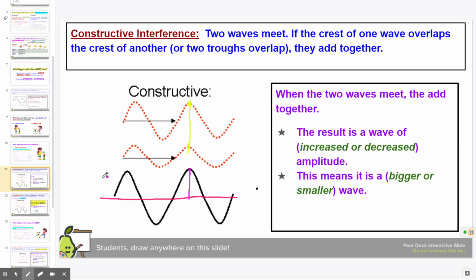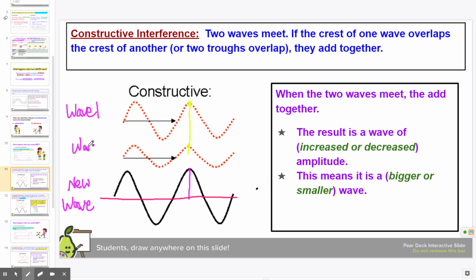So the new wave, the combination of wave 1 and 2, is going to be even bigger than wave 1 or 2, and have an amplitude that's greater than wave 1 or 2.